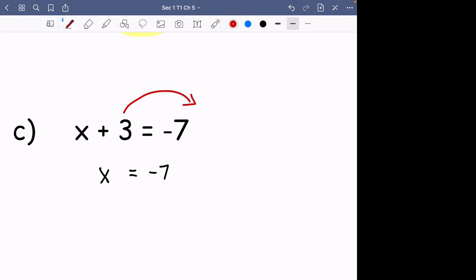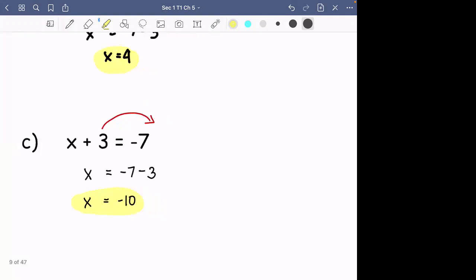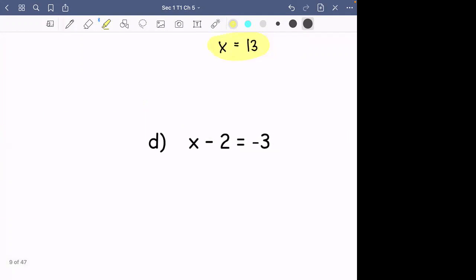It becomes minus 3, right? So x now is equal to negative 7 minus 3, so it's negative 10. That's why your answer is negative 10. So that's how we get our answer. Brian, letter D.